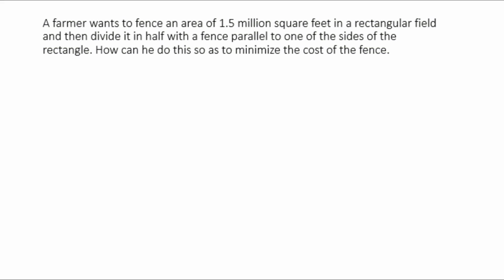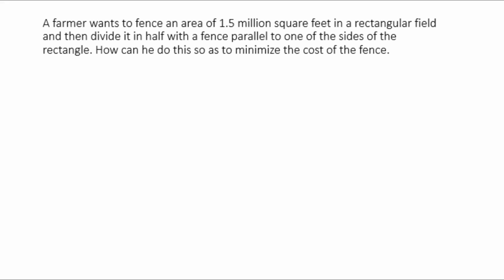A farmer wants to fence an area of 1.5 million square feet in a rectangular field and then divide it in half with a fence parallel to one of the sides of the rectangle. How can he do this so as to minimize the cost of the fence?